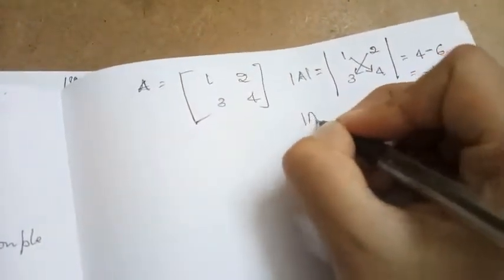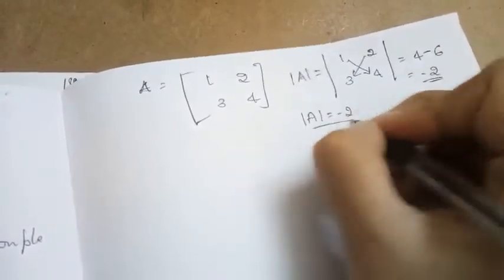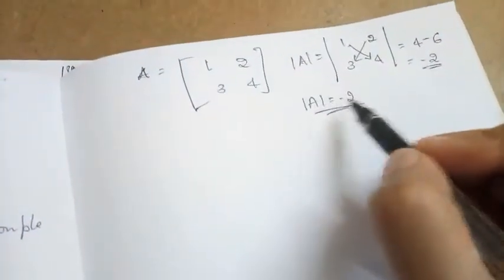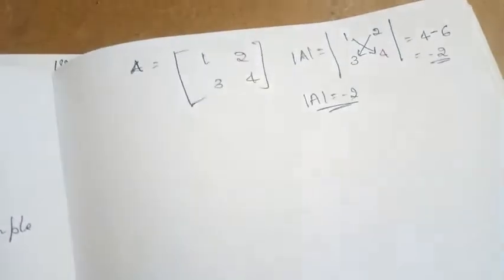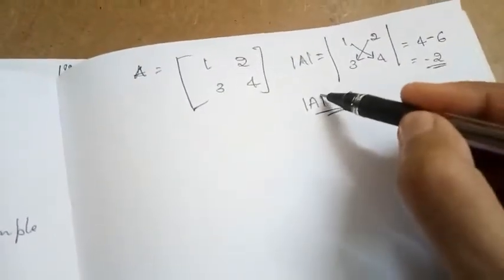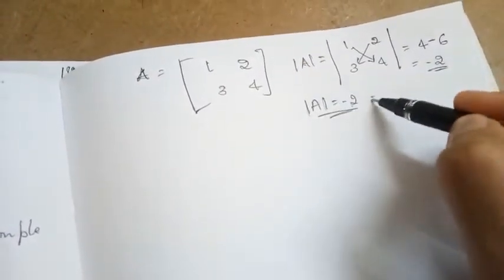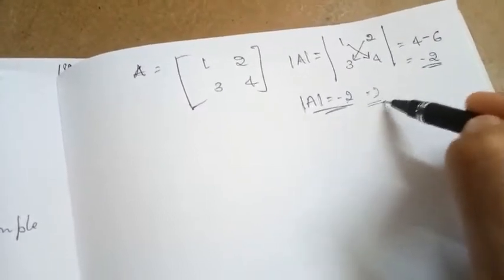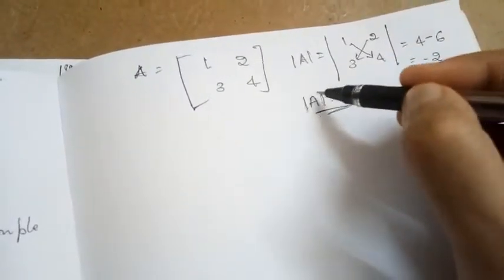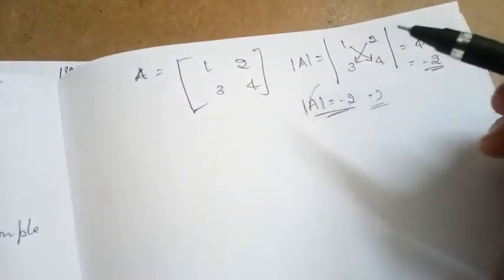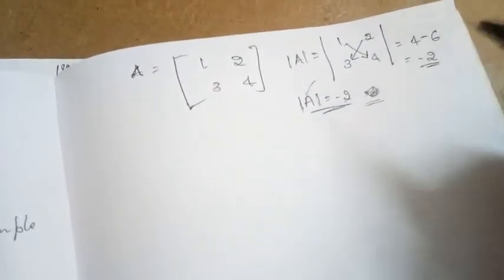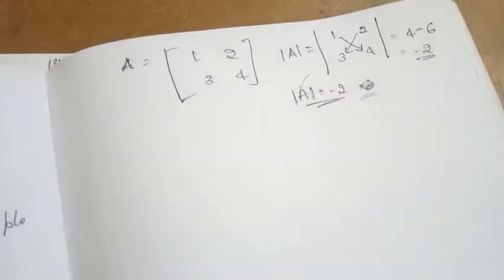So the determinant value is equal to minus 2. You can see clearly that the value of a determinant can be negative. Don't put it in your mind that it is a modulus, so it should be plus 2. It's not at all possible. It is not a modulus, it is a determinant, because A is a matrix. So don't think about all these things in a confusing manner.